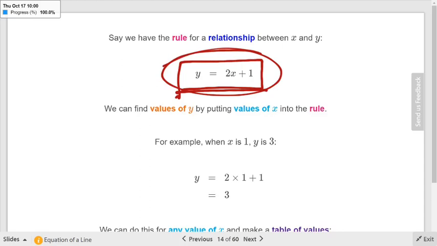Okay? So let's look at how. When you have an equation, this is the general form for the equation.